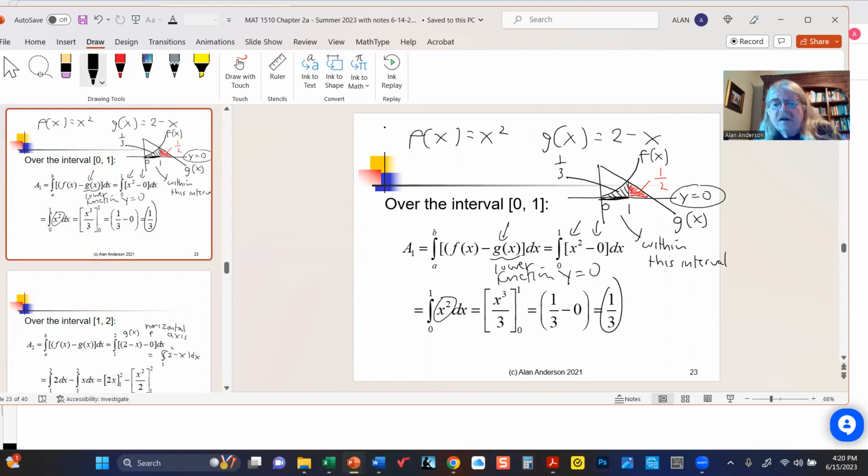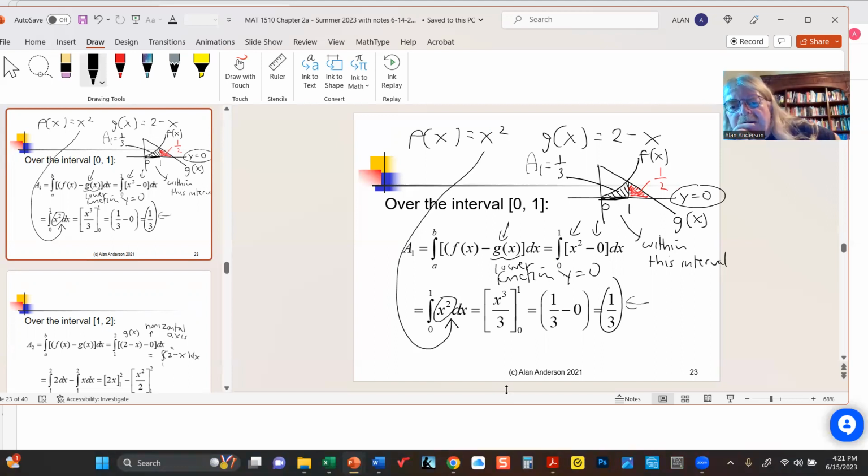So if you notice here, I've just got f of x here, and I'm not subtracting anything. I'm actually subtracting 0. So I'm taking the integral of x squared over the range from 0 to 1. That, of course, is x cubed over 3, evaluated from 0 to 1, which means 1/3 minus 0, and that leaves me with an area of 1/3. So the black shaded region, which we're calling A1, is 1/3.